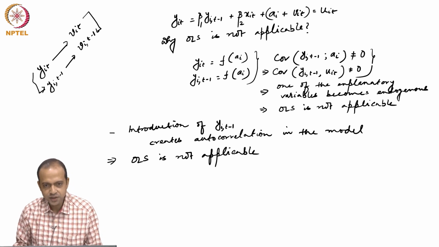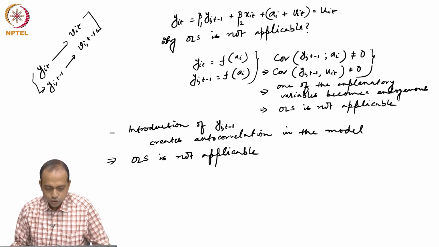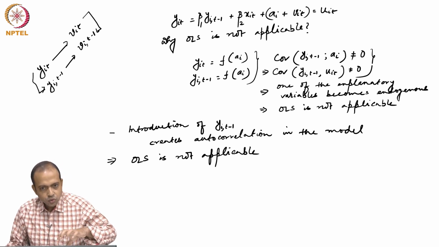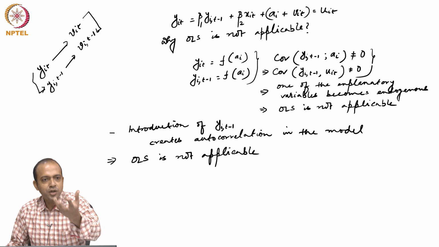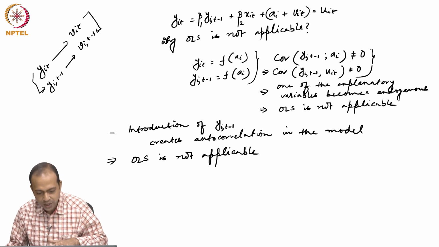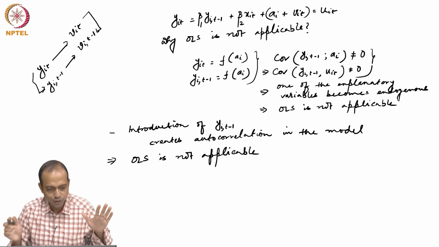Okay, OLS is basically not applicable, right. So, this is one type of persistence. The moment we introduce YIT minus 1, that will lead to autocorrelation, that is why OLS is not applicable.